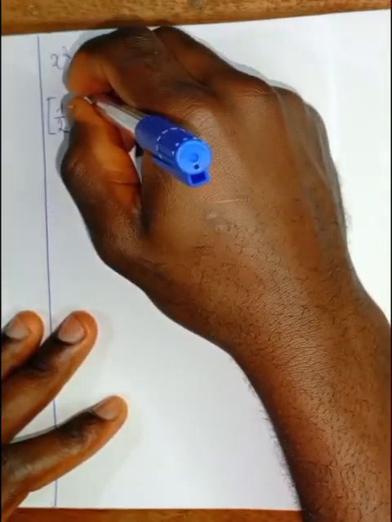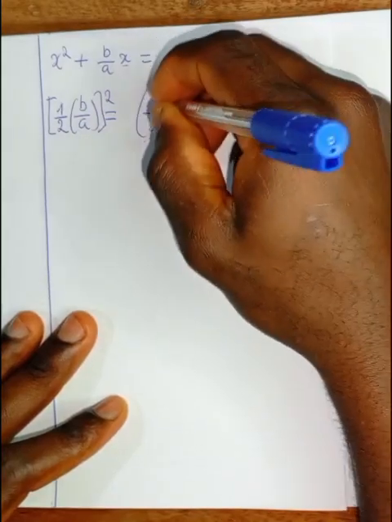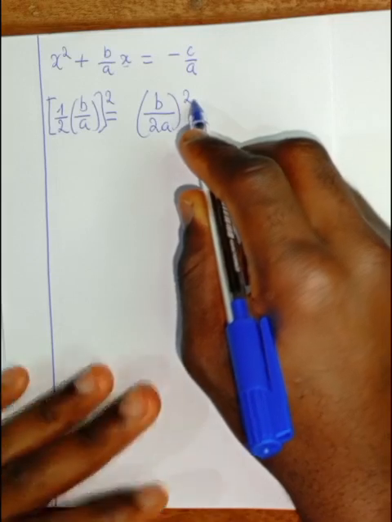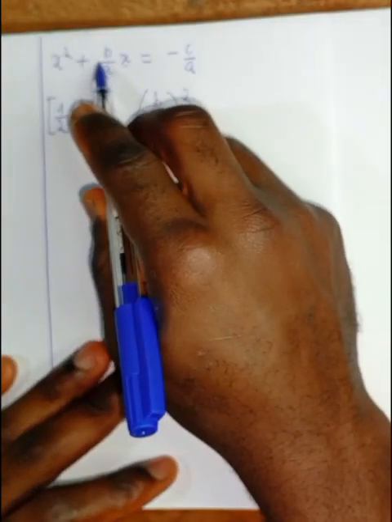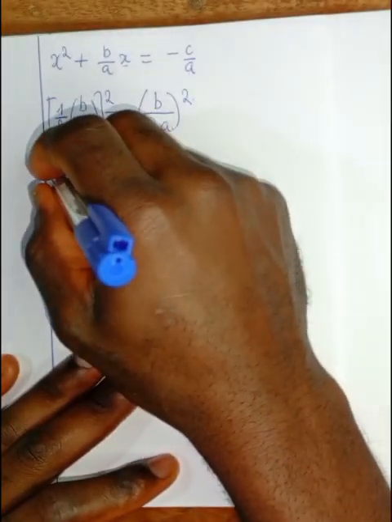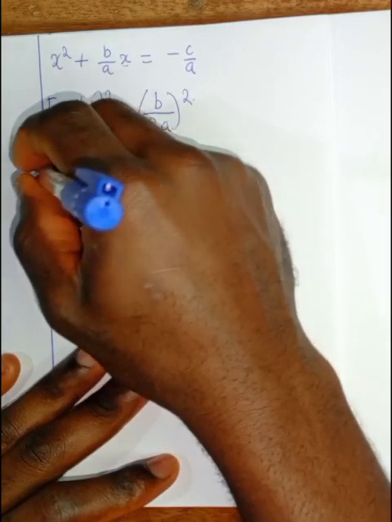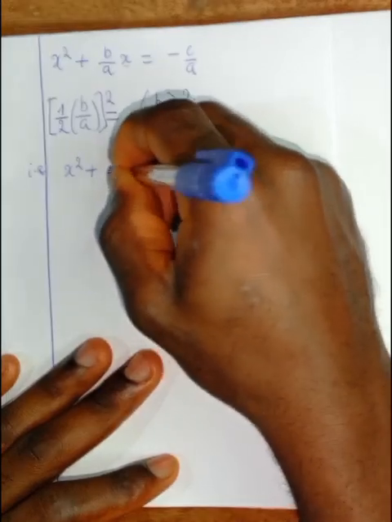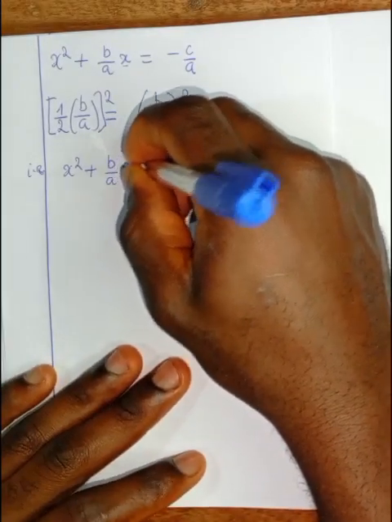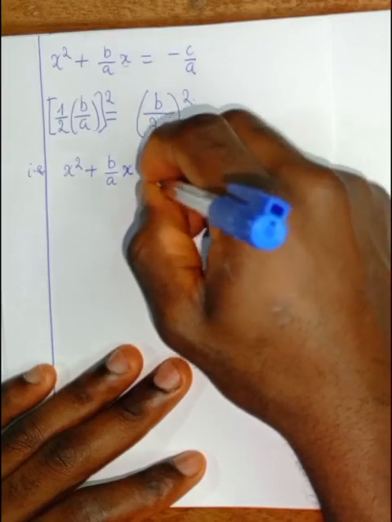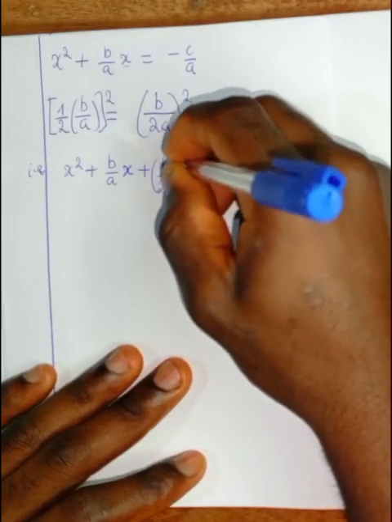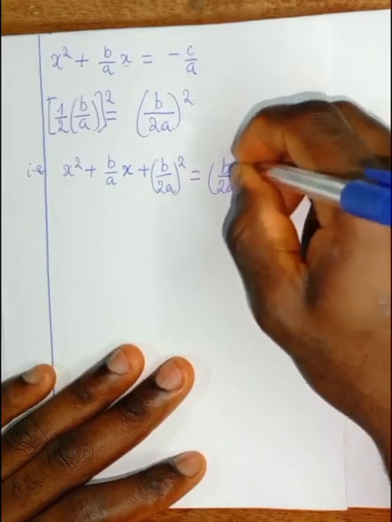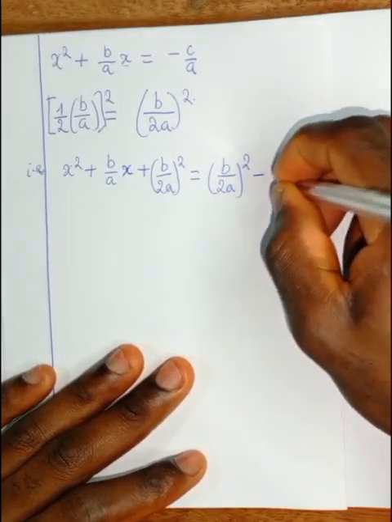Next, we have to square it, and this will give us b over 2a squared. We are going to add this at the left hand side and at the right hand side. That is, we are going to obtain x squared plus b over a x plus b over 2a squared is equal to b over 2a squared minus c over a.